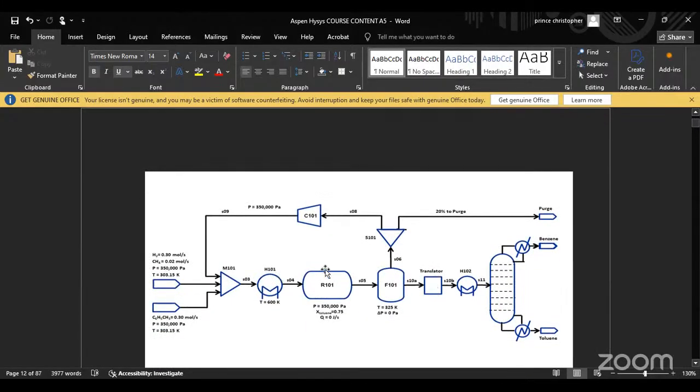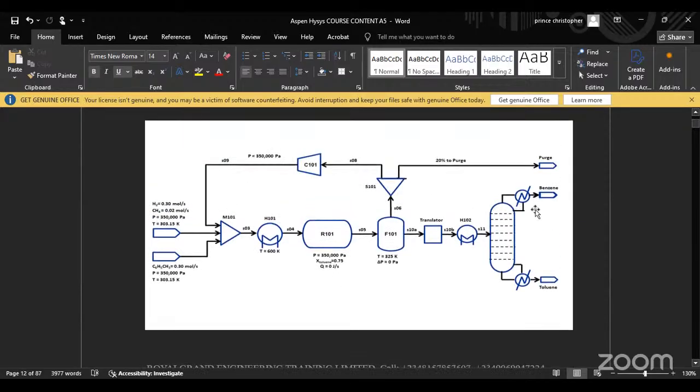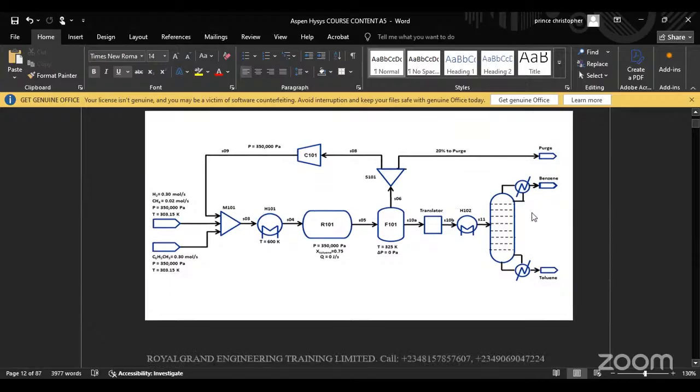You can see this interconnection. You can see your mixer here, your heater, your reactor. This is a tank or a separator, a two-way separator. You have another mixer, a compressor, a translator and all of that. So this is basically a flow sheet, and this is what we will be doing in Aspen Hysys.